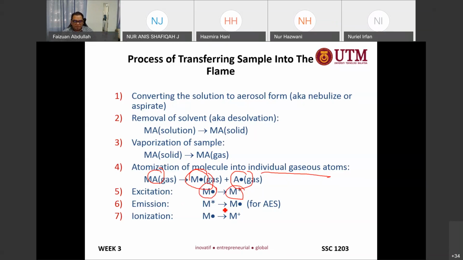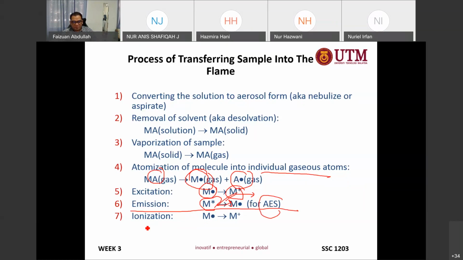Then if the excited state comes back to the ground state, it will emit energy. This is for AES. Excited state to ground state, some amount of energy is released. That is the AES concept. It will detect the emission of energy.